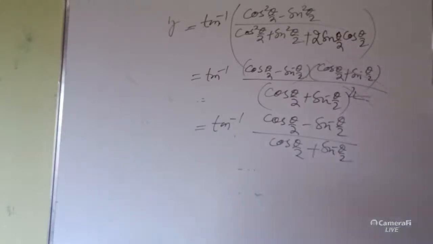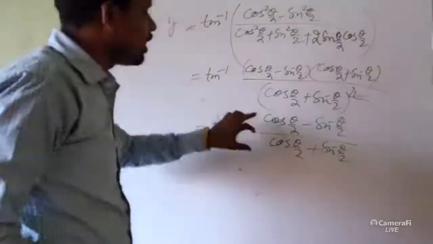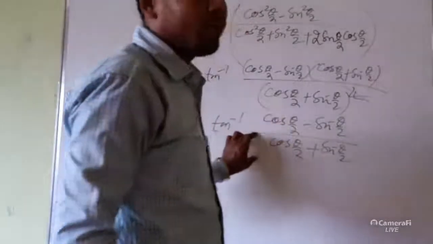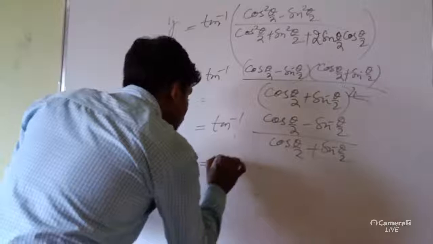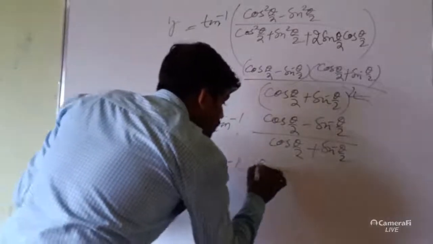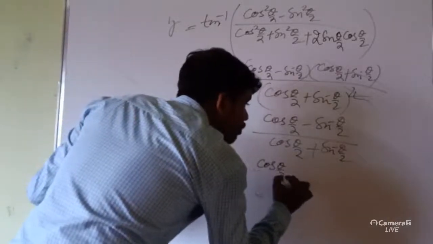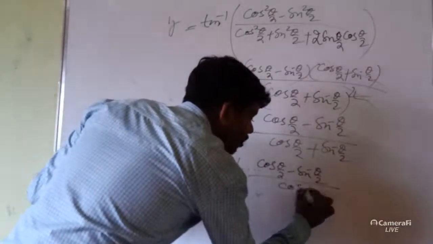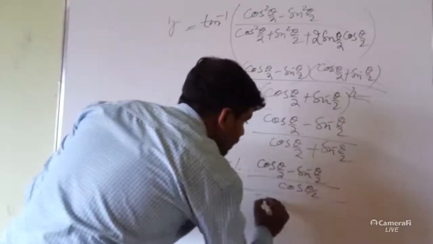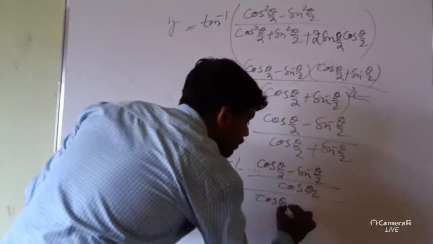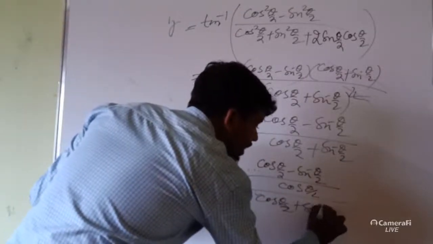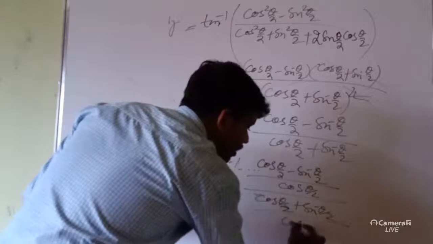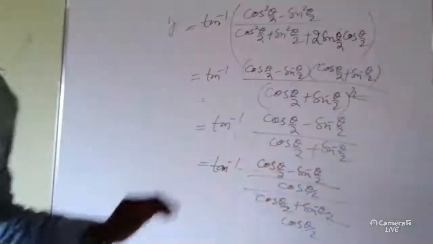Now we divide cos theta by 2 in both numerator and denominator. This becomes tan inverse of (cos theta by 2 minus sin theta by 2, divided by cos theta by 2) and whole divided by (cos theta by 2 plus sin theta by 2, divided by cos theta by 2).